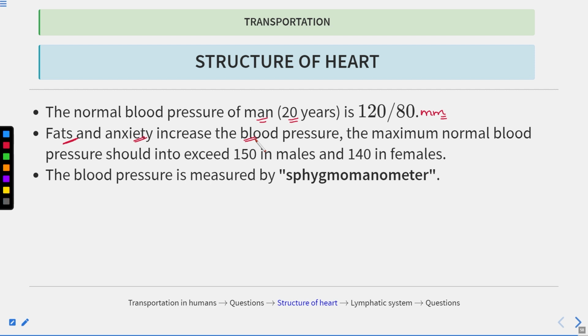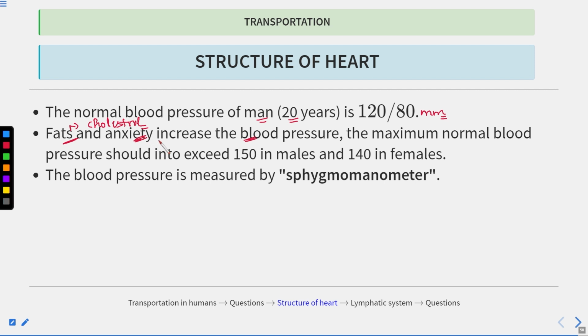Fat or cholesterol can be deposited inside the blood vessels, you can say the arteries. As well, during anxiety, a lot of chemicals or hormones are released that can lead to changes in the blood pressure.